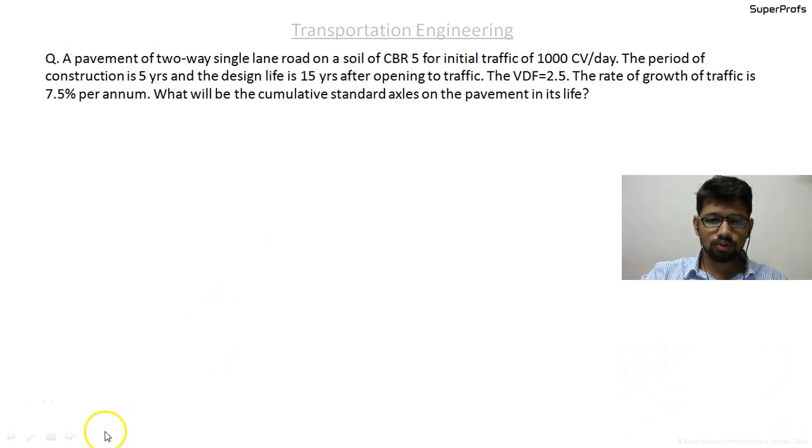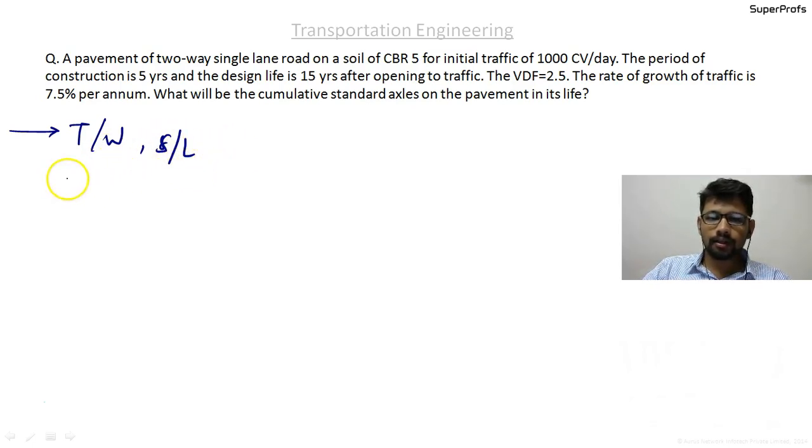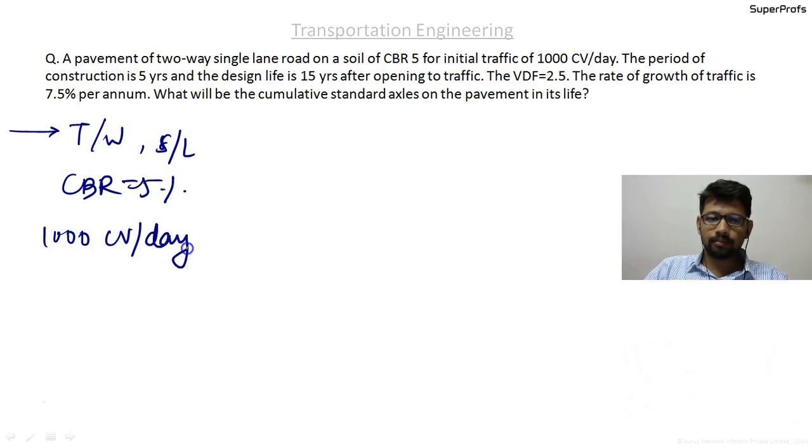The first question is, a pavement of a two-way single lane road on a soil of CBR 5%, for initial traffic of 1000 commercial vehicles per day.